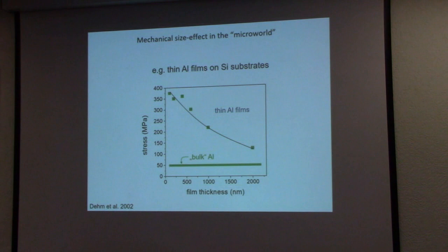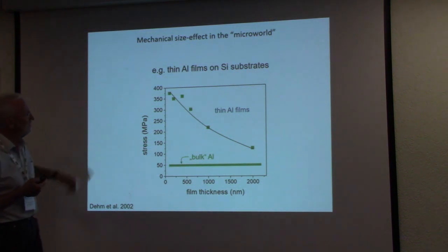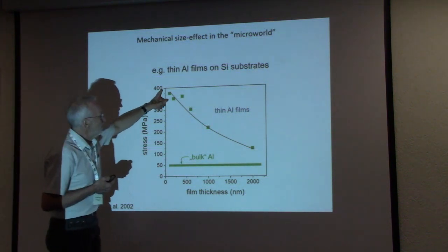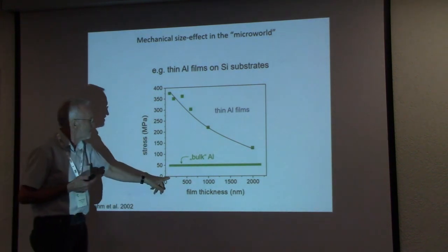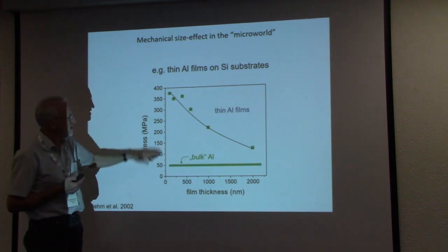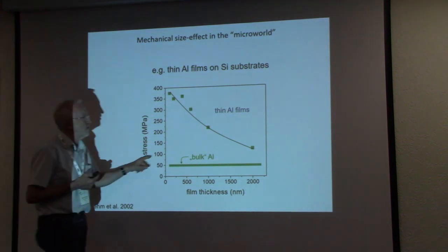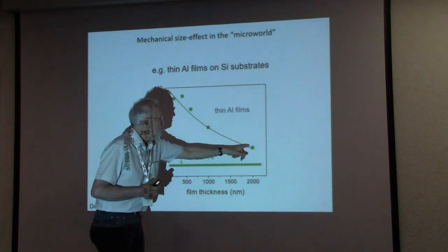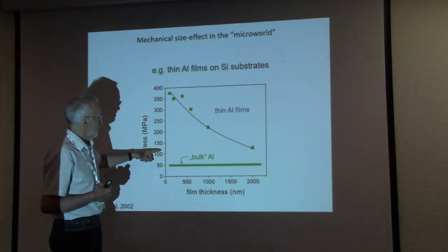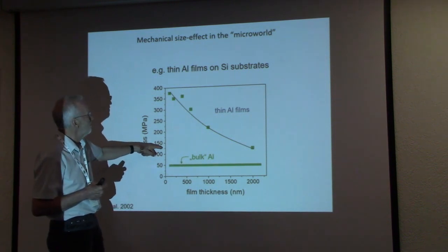So first here you can see the yield stress as a function of the film thickness. At room temperature, pure aluminum in the bulk case has about 50 megapascal, on a film on a substrate without a top layer it is about 100, and it starts at 2 microns with somewhat more than 100 megapascal.